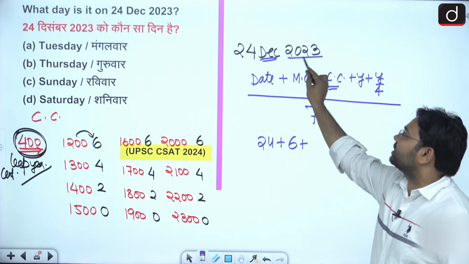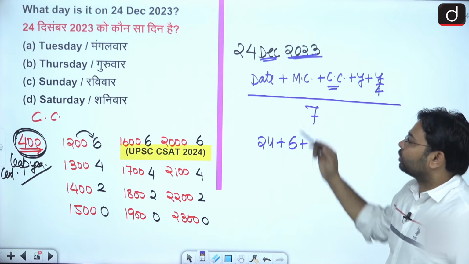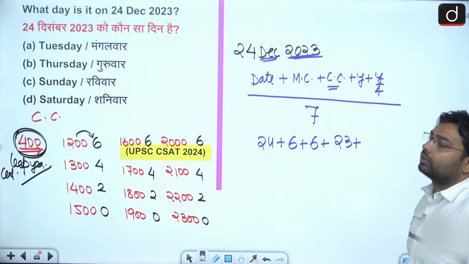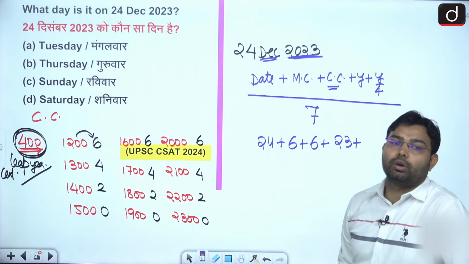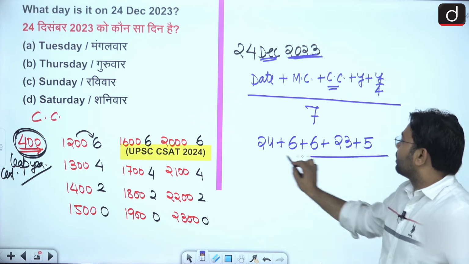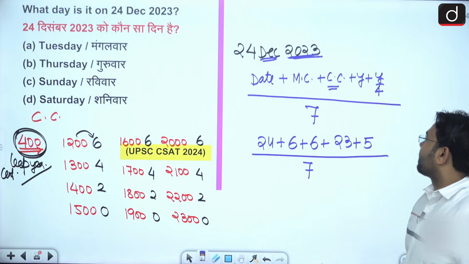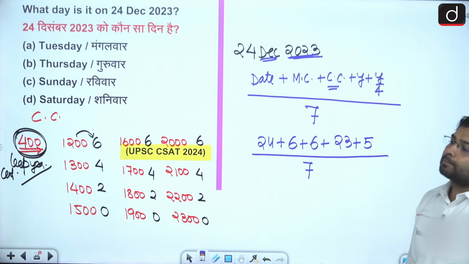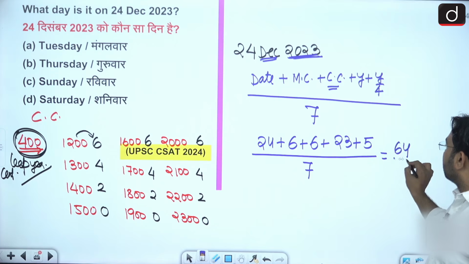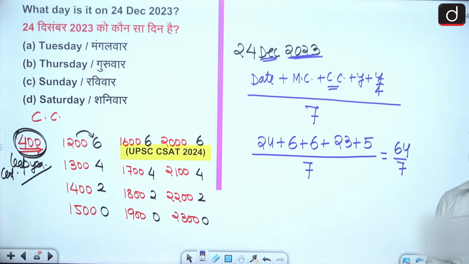Century is 2000, and 2000 is 6. Then year: year by 4 means 23 by 4, which is 5. Add these numbers. This is 64. So 64 by 7, remainder is 1. And first day is Sunday, so your answer is Sunday.